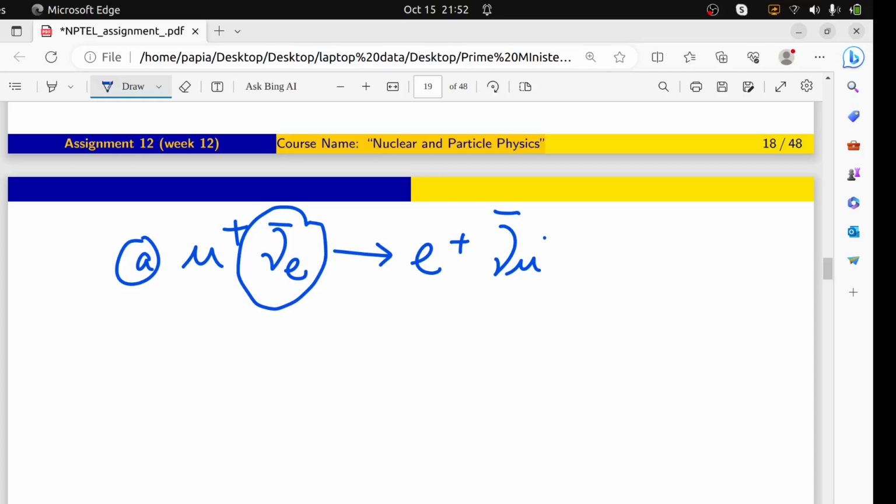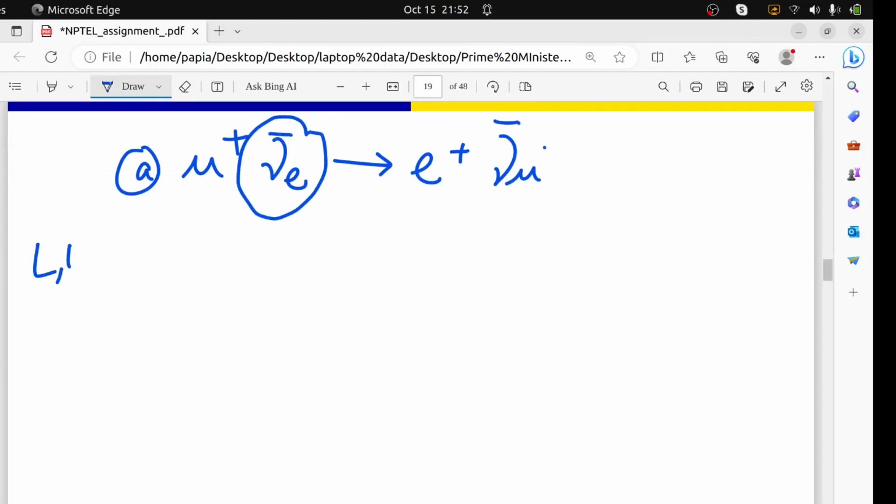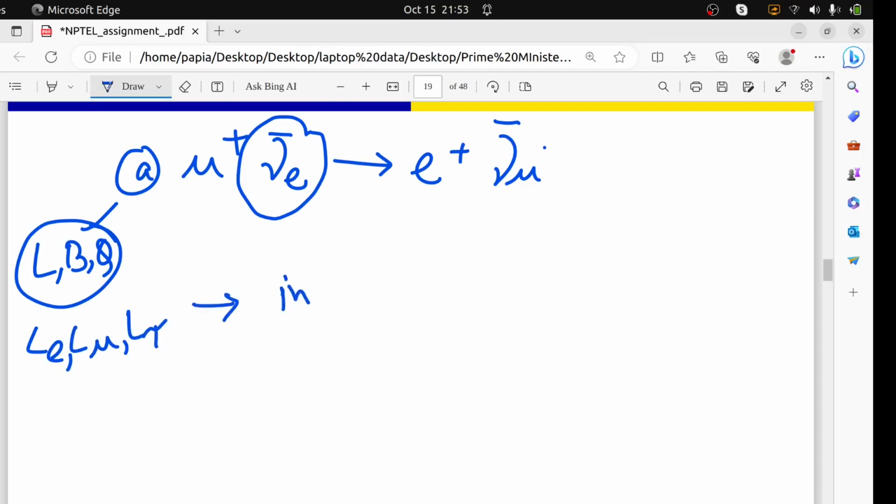And for weak interaction, there are only 2 conditions to have the weak interaction. First one is L, B, Q, these 3 will be conserved, as already it is applicable for all of the nuclear reactions. And the second one is Le, L mu, L tau, these 3 will be conserved independently and separately.